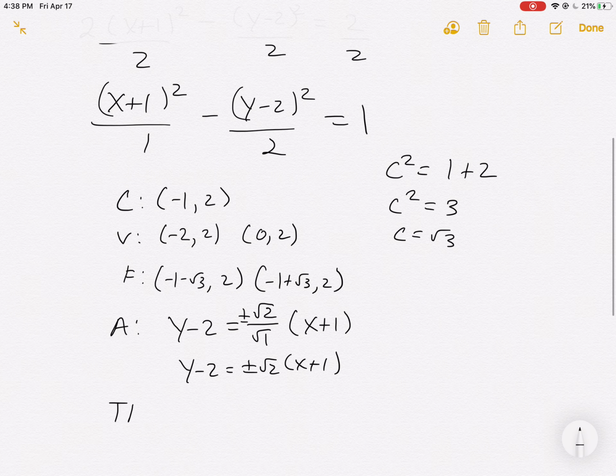They also asked for a transverse axis. Everything's happening to the x, so it should be x is equal to the x coordinate of the vertex. As you look at the answers in the back of the book, they'll match just that. They're asking you to graph it as well, but for time's sake, I'll leave the graphing to you since all those answers are in the back of the book.